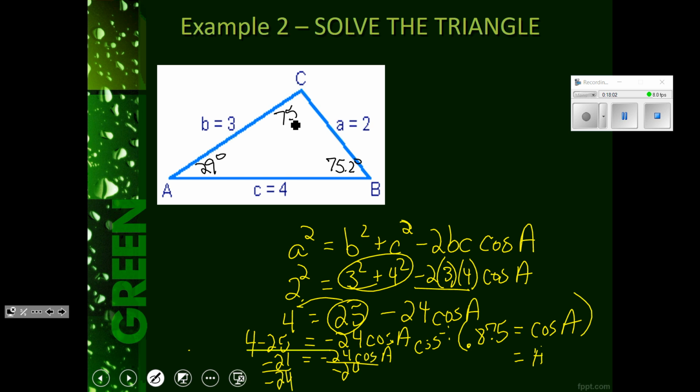That's not what you got. Okay, let's go back then. Let's get in agreement. Here for B, 46.7, and then C you get 104.3 degrees. Okay?